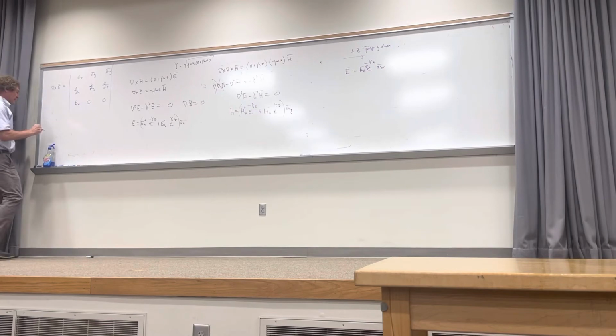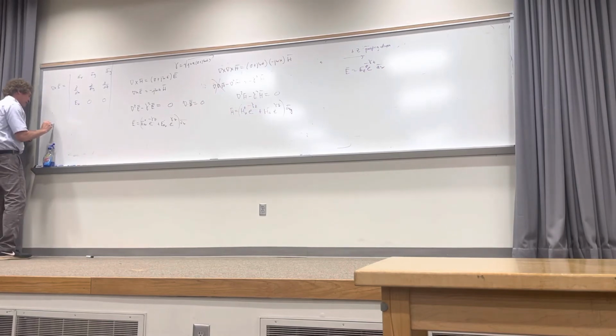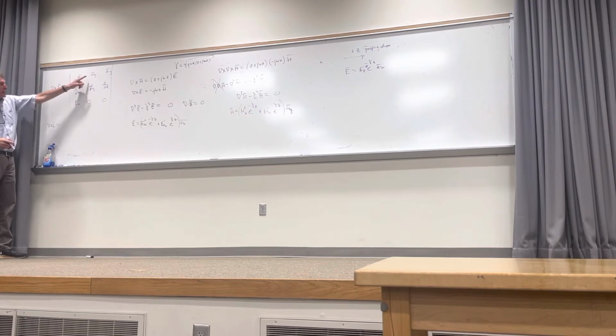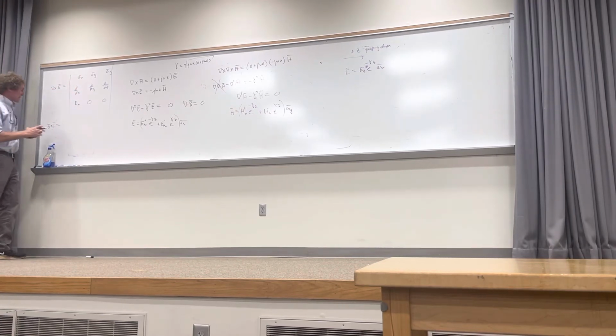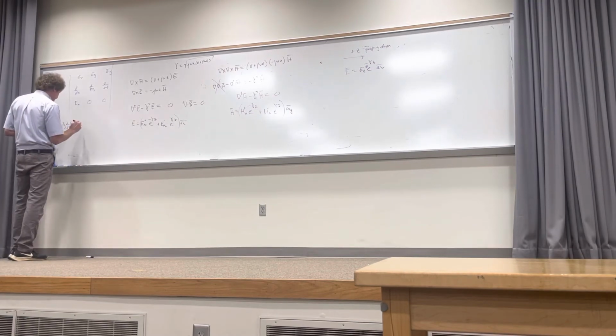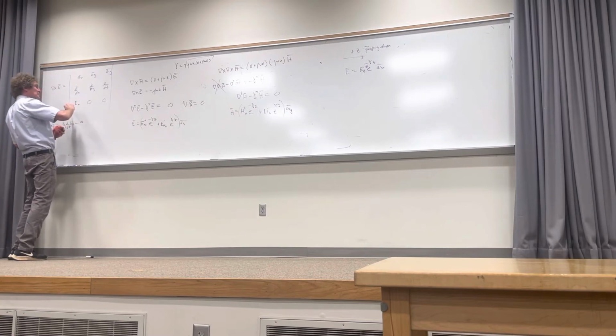Well, this curl becomes what? Curl of E is what? Well, it's a_y d/dz of E_x. So I have a_y d/dz of E_x, right? And then I have minus a_z. Now I'm going this way.